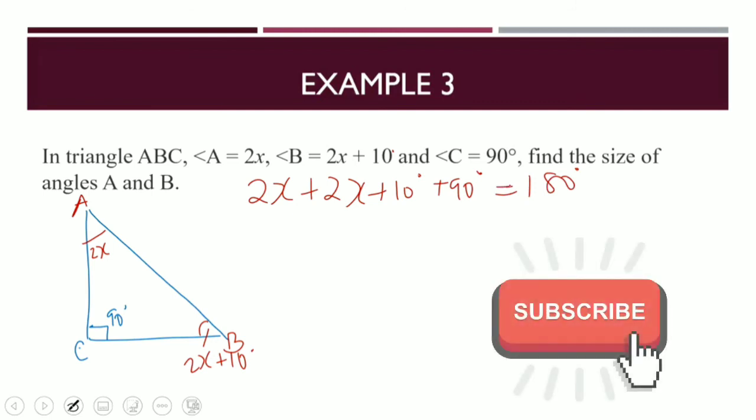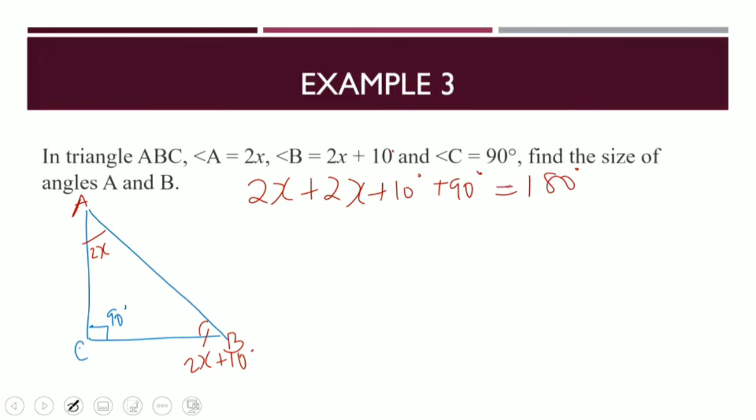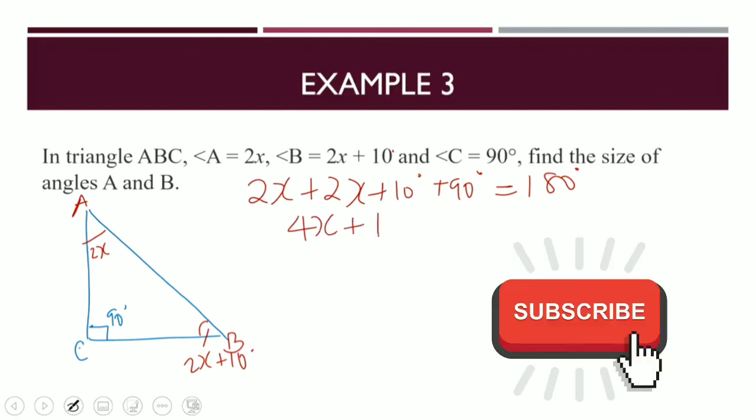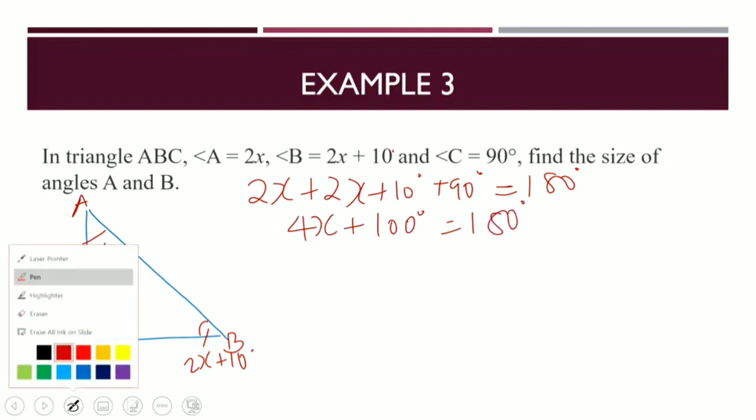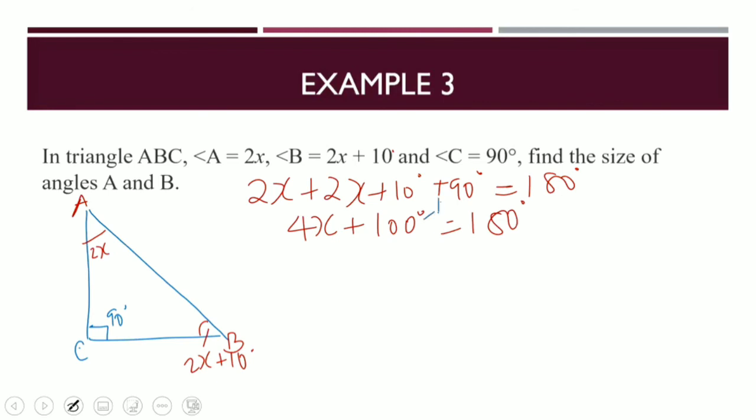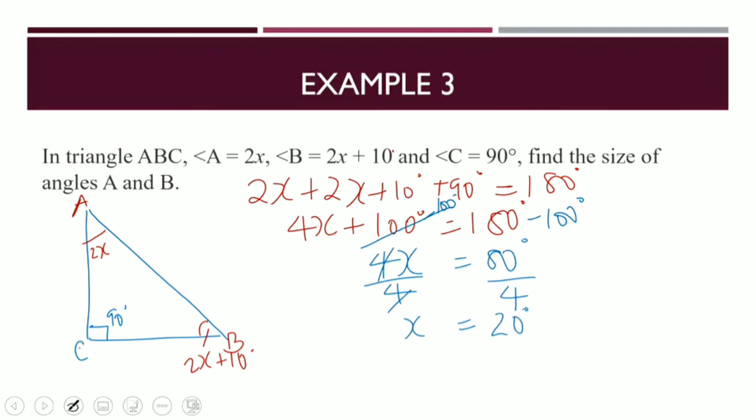So we go ahead again and add our like terms. 2x plus 2x gives us 4x plus 100 degrees, which is equal to 180 degrees. Subtracting 100 from both sides, because we are trying to find x, that will leave us with 4x equals 80 degrees. Dividing both sides by 4, we have x to be 20 degrees.